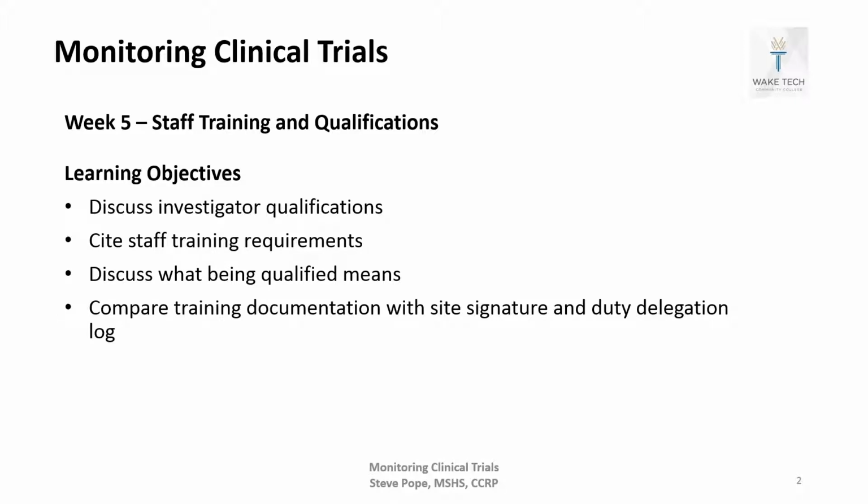Our learning objectives include: discuss investigator qualifications, cite staff training requirements, discuss what being qualified means, and finally compare training documentation with the site signature and duty delegation log. I'll go through that and explain to you how you would evaluate that when you're on site conducting a monitoring visit.